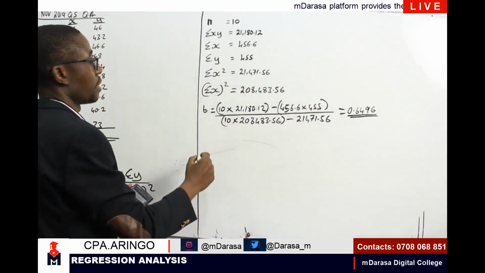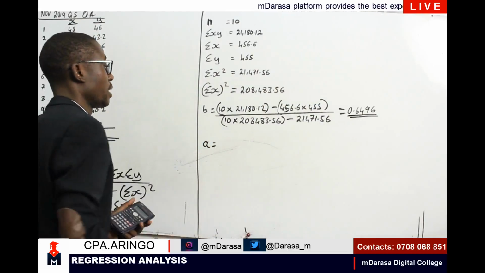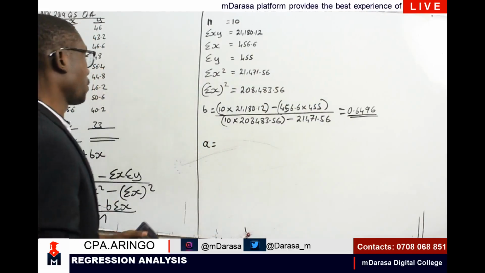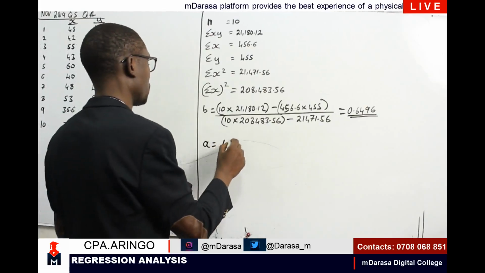Then I need to determine the value of A. For A, so long as I know my formula clearly, I must have summation of Y, which is 455.